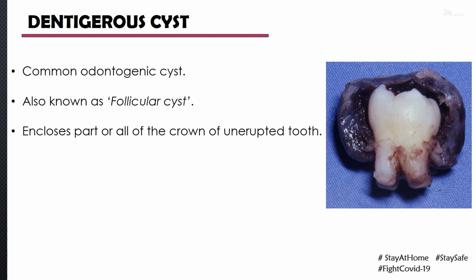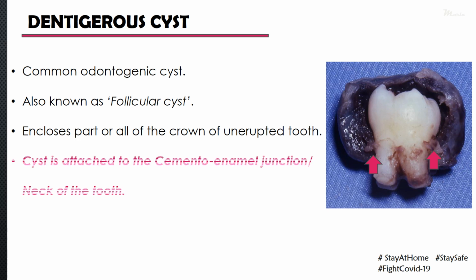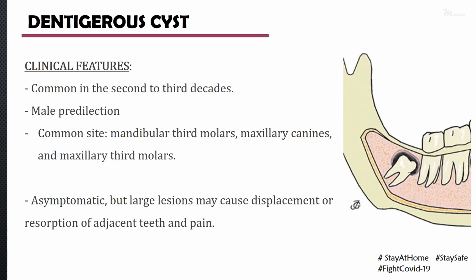The dentigerous cyst may enclose a part of the crown or the entire crown of the unerupted tooth. It has to be noted here that the dentigerous cyst shows a characteristic attachment of the cystic capsule to the neck, that is the cemento-enamel junction of the tooth. Knowing this fact helps us in identifying these types of cysts.